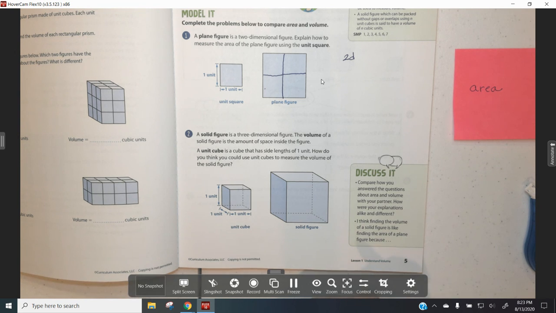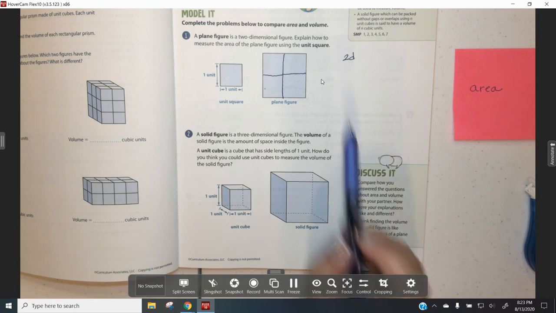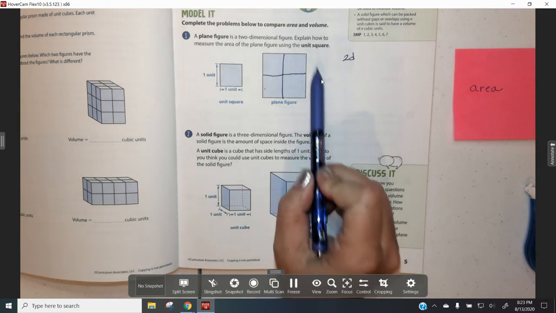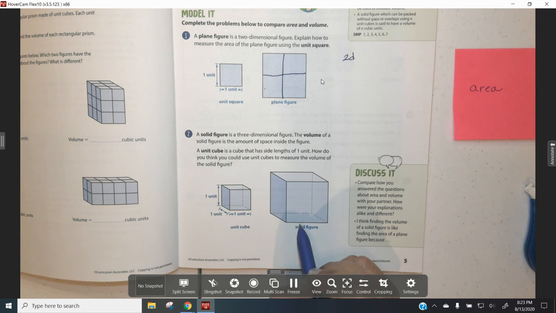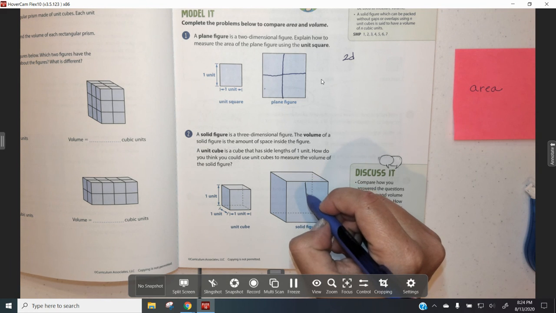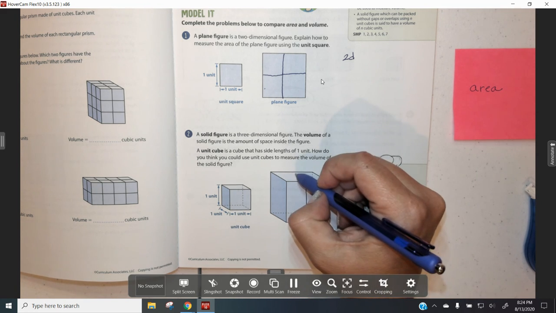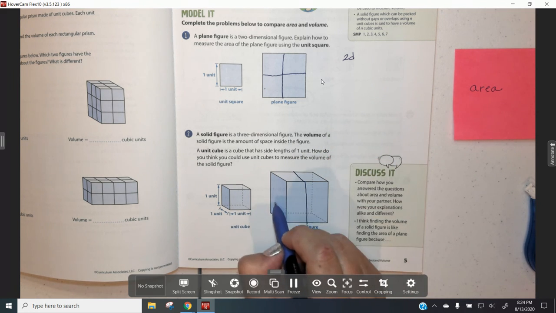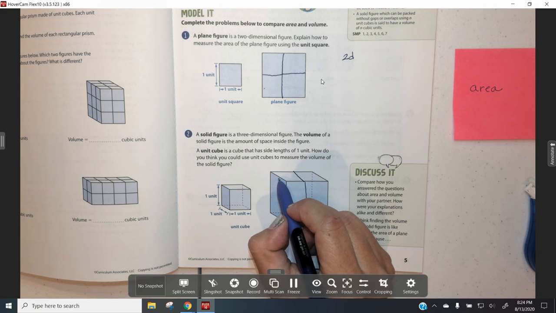All right, I think that we could fill this solid figure similarly to how we filled the plane figure. The only difference is that these cubes would be filling the inside of this solid figure. And if you watch, this solid figure is about to transform.